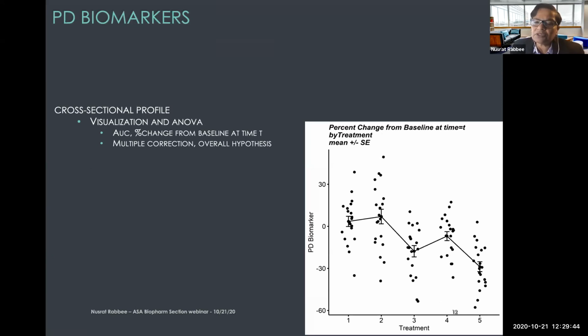Sometimes we also have to pay attention to comparing the means, because there are going to be multiple comparisons. We could use something like Kruskal-Wallis to test whether the means and the medians are different by treatment group. I use the R package ggplot here.